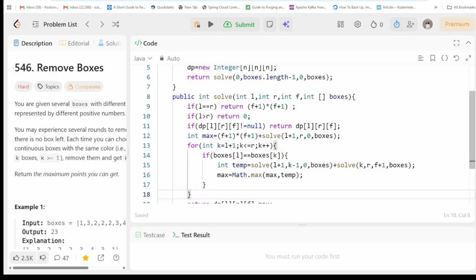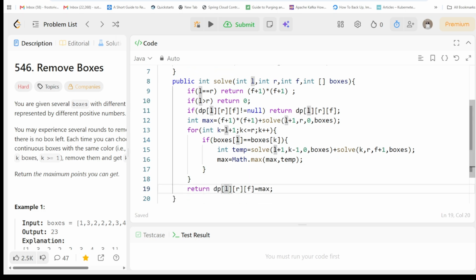And if L is greater than R, then we will simply return 0. This is our default approach on this part. We are removing boxes one by one. We are not keeping that particular box for our future use, so we will simply remove it. And here, to remove our future box, we are forming the pair basically. And at the end we are storing it in DP and returning it.